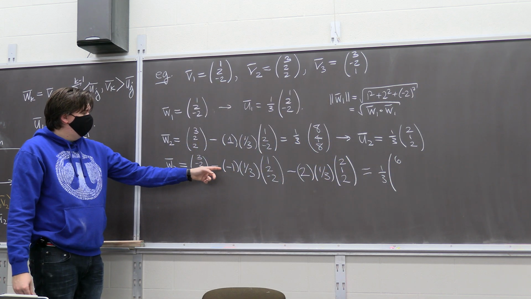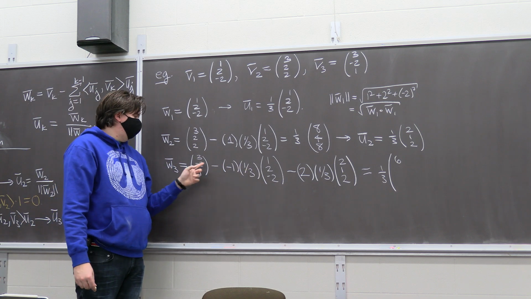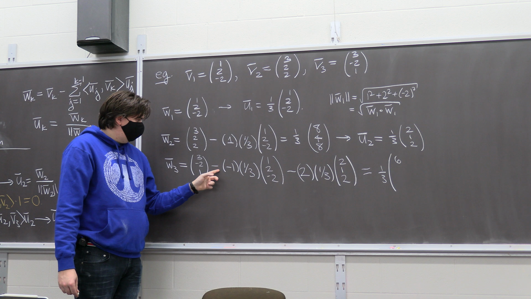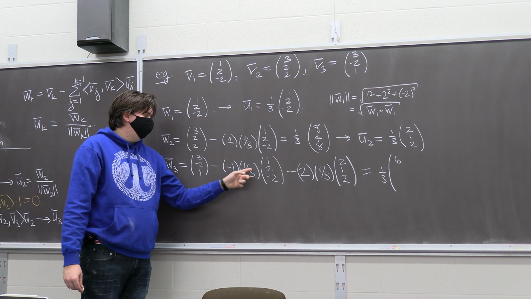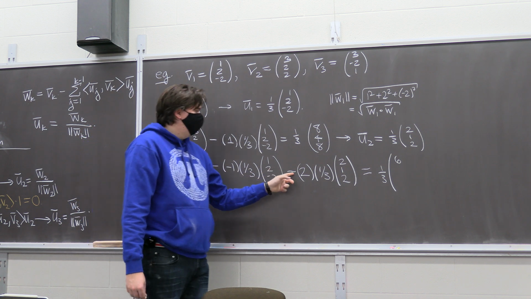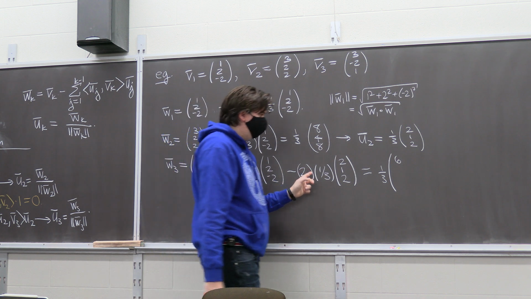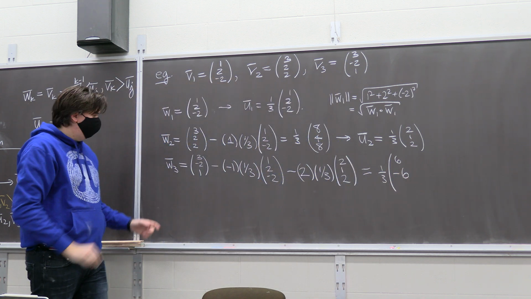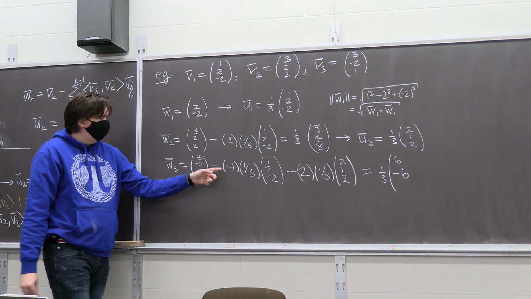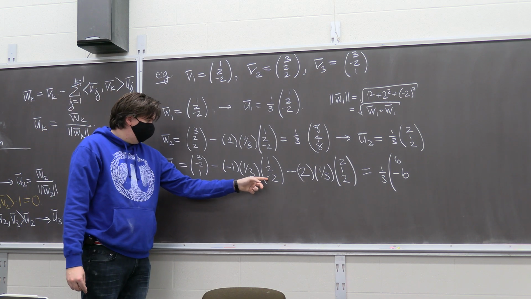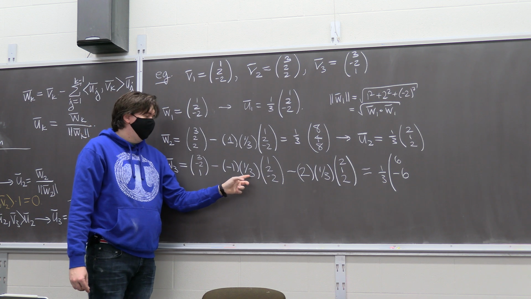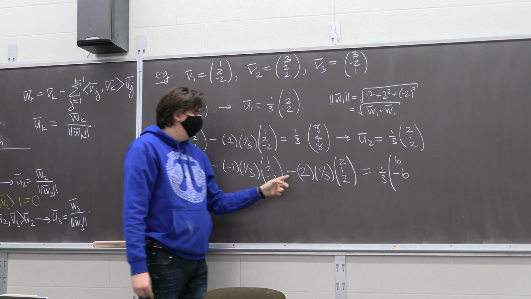Negative 2 plus 2/3, so that's negative 6/3, plus 2/3 is negative 4/3, minus 2 is negative 6/3. Hope I'm doing this right. 1 minus, so 3/3 minus 2/3 is we're down to 1/3.